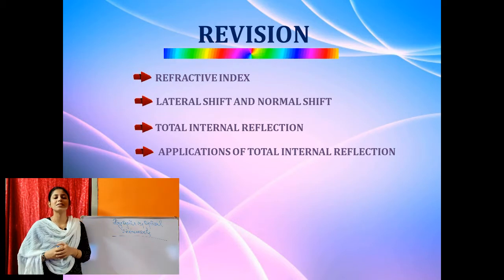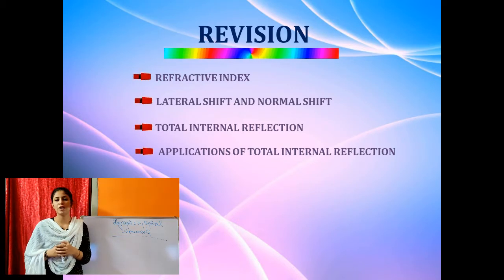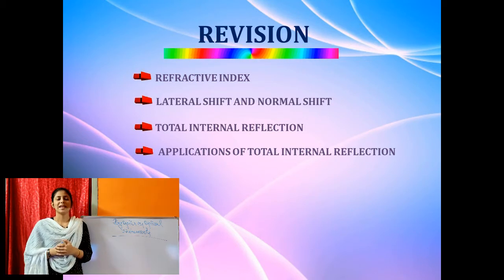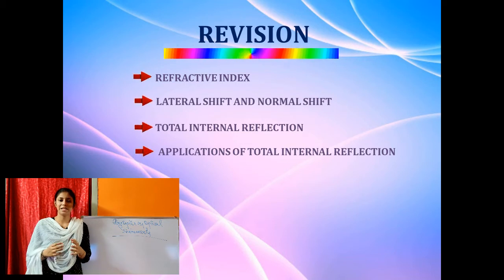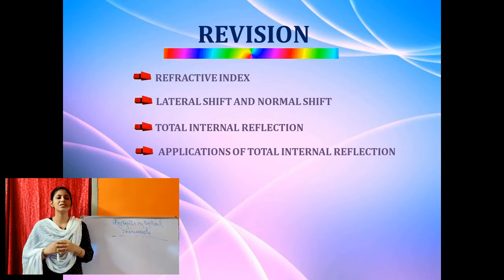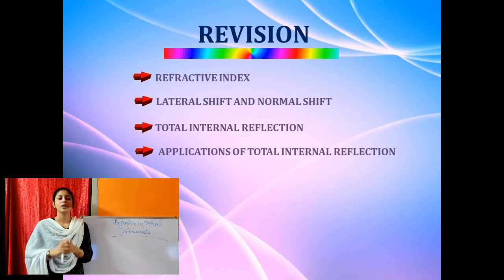We had discussed the applications of total internal reflection. Four applications we had discussed. One is the formation of mirage, which is nothing but an optical illusion produced in deserts due to total internal reflection.